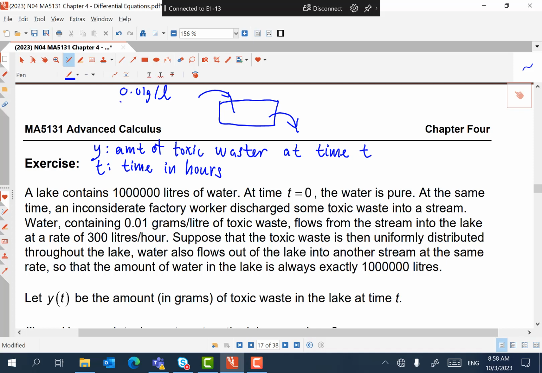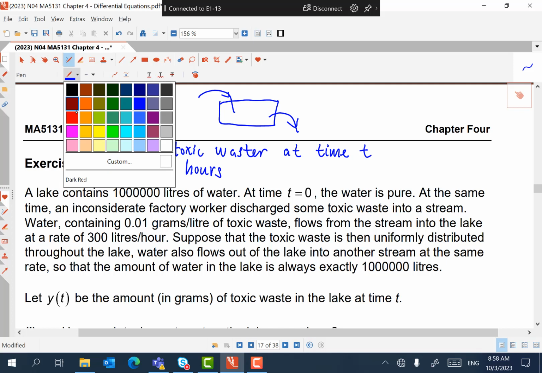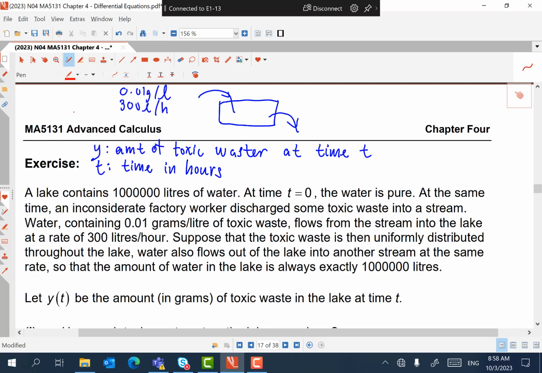It is pouring at 300 liters per hour. So based on this, the amount of toxic being pumped in per hour will be 3 grams per hour.